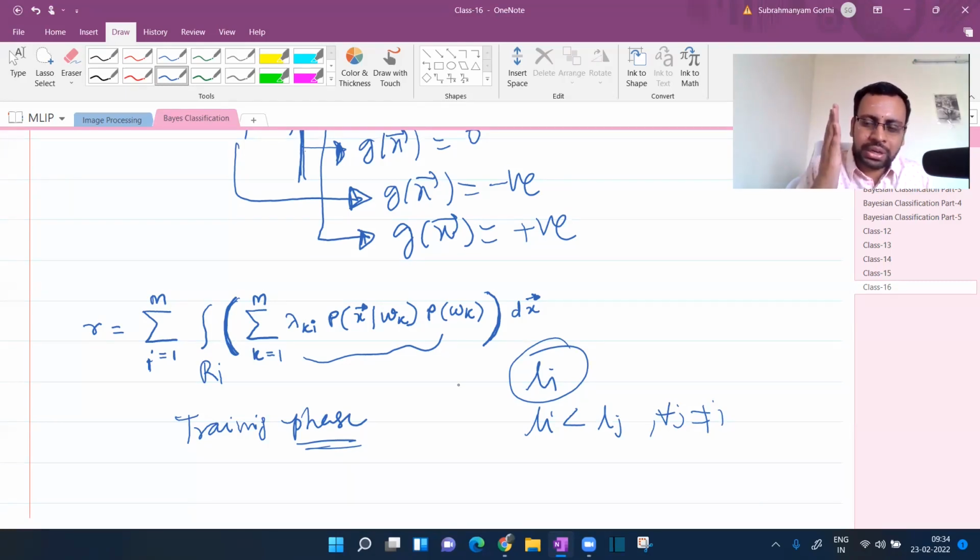That is not true during the training phase. During training, you already know the classes to which each sample belongs, but you do not know the boundaries. When it comes to the testing phase, you do not know to which class a sample belongs, but by then you should have already figured out the boundaries.